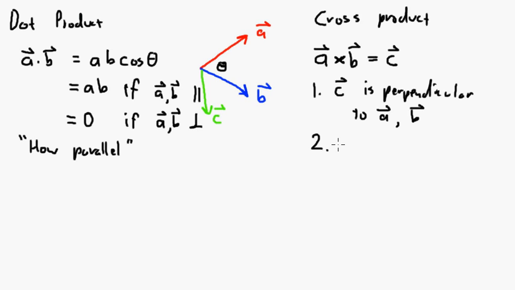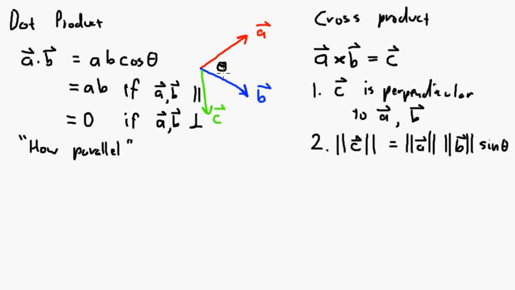And then the other fact about the cross product is that the magnitude of the cross product is equal to the magnitude of A times the magnitude of B times the sine of the angle between them.